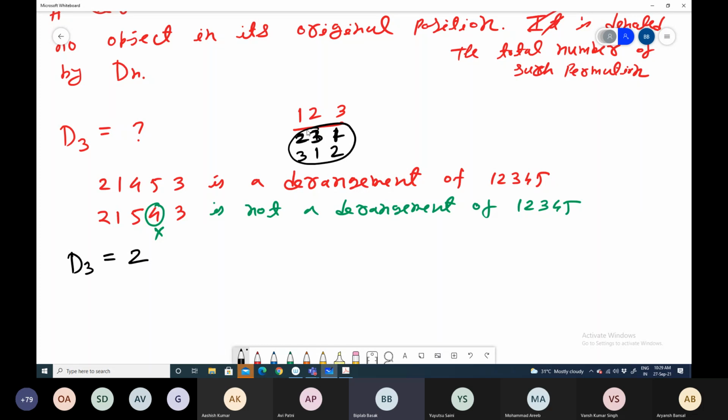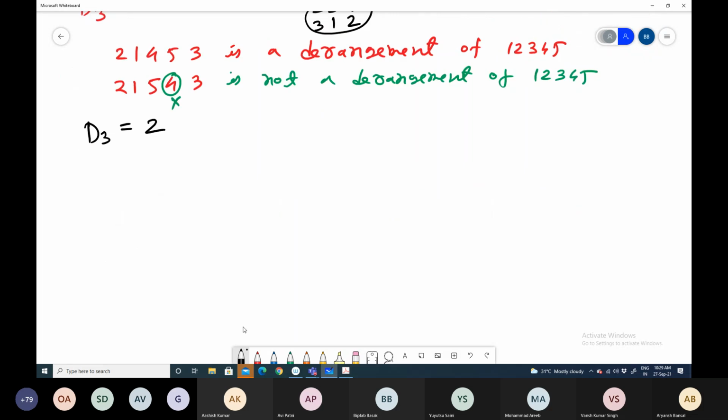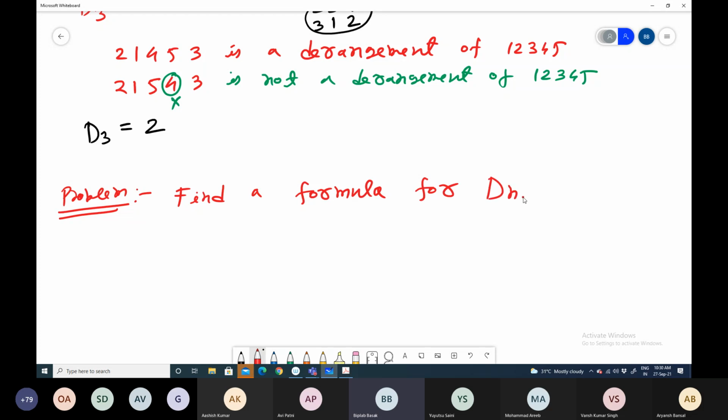Now we will find a formula for Dn. So the problem is to find a formula for Dn.